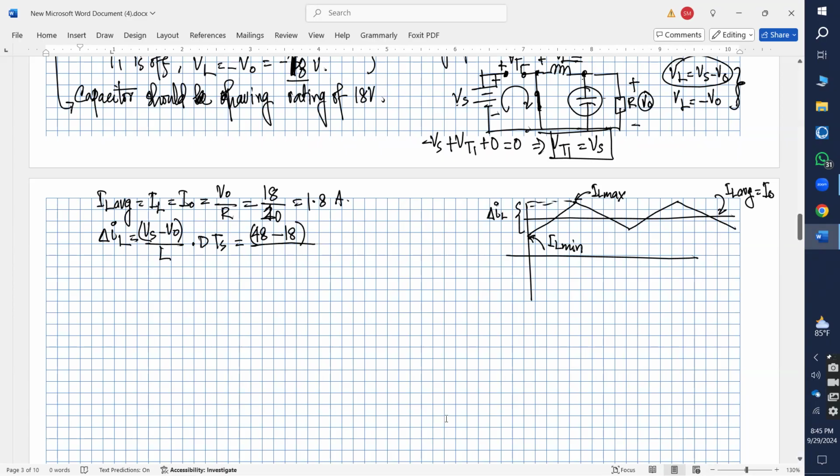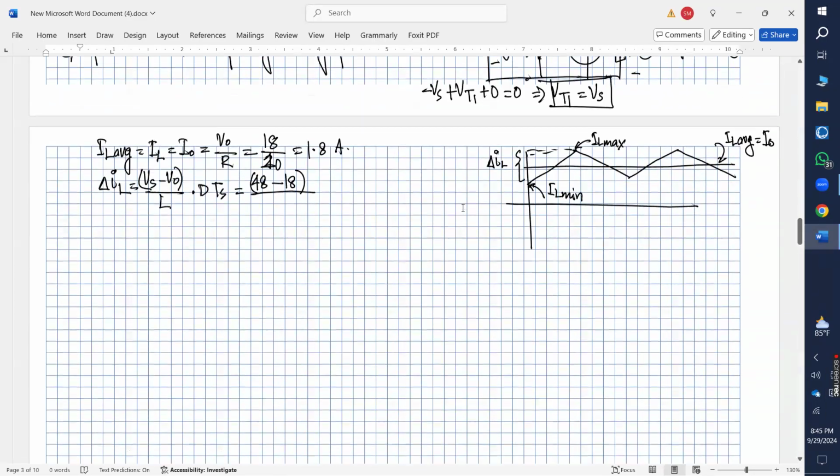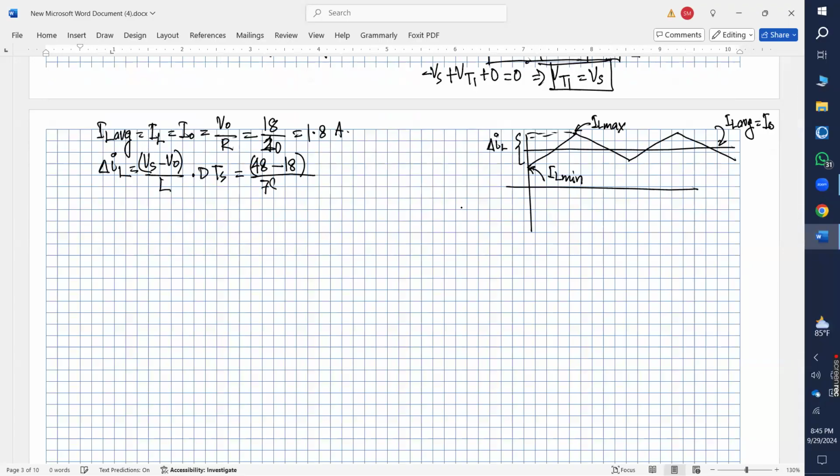What we choose for L? 78.125. So 78.125 into 10 to the power minus 6, multiplied by D. D is 0.375 multiplied by Ts, which is 1 over Fs.